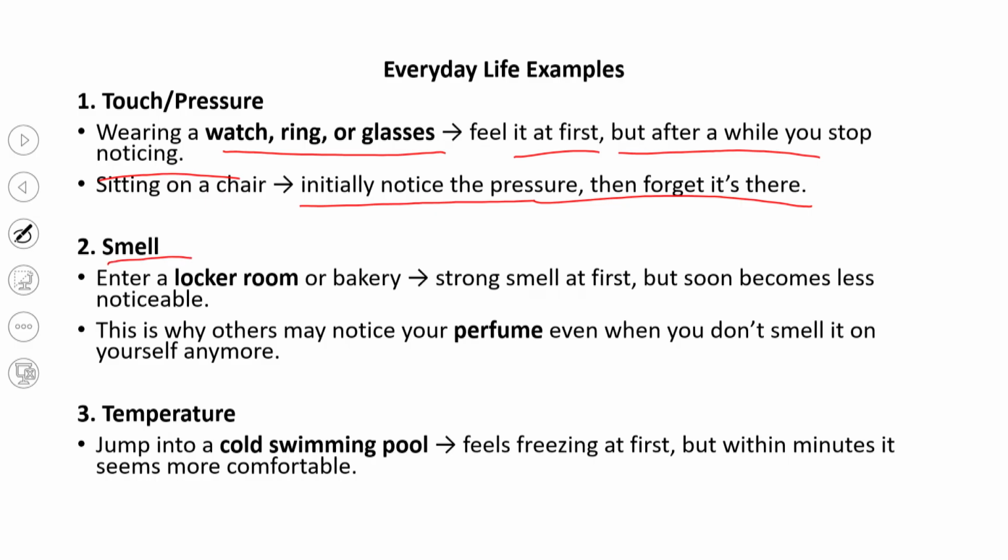Similarly, for smell, you enter a locker room or a bakery, strong smell at first, but soon you do not notice it. This is why others may notice your perfume even when you do not smell it, because you get adapted to it.